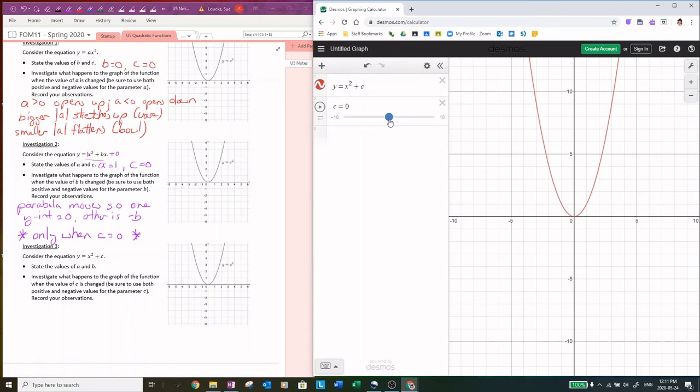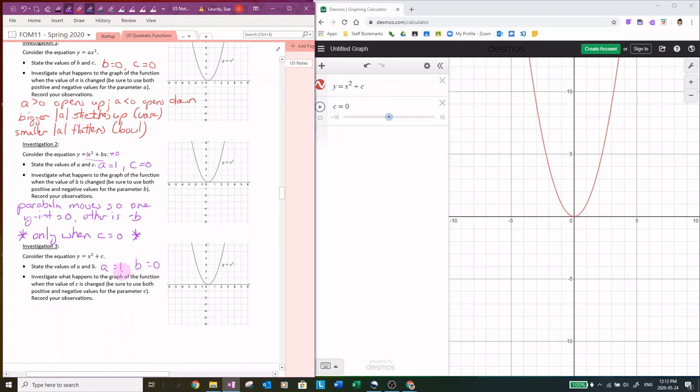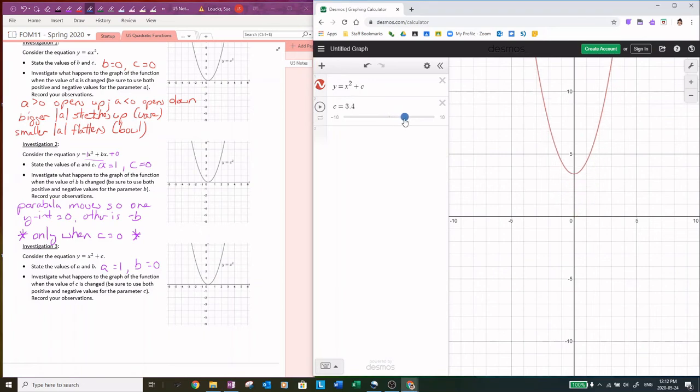Okay, this time our A is still equal to 1. And B equals 0 because the B term has disappeared. And what's happening to the graph as we change C is that it is moving up and down. All right.